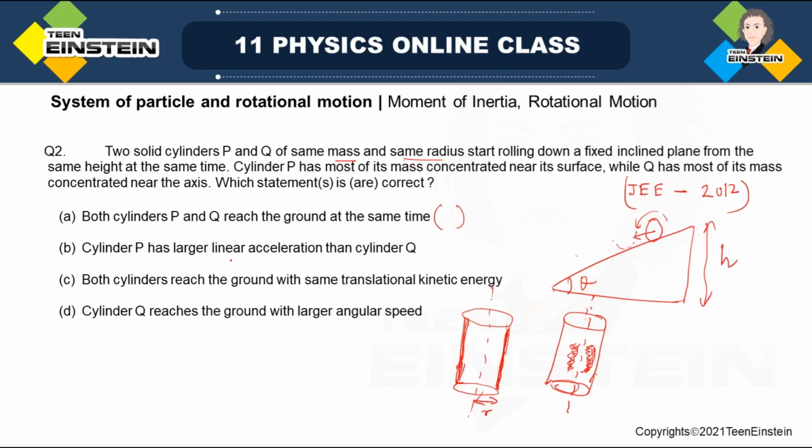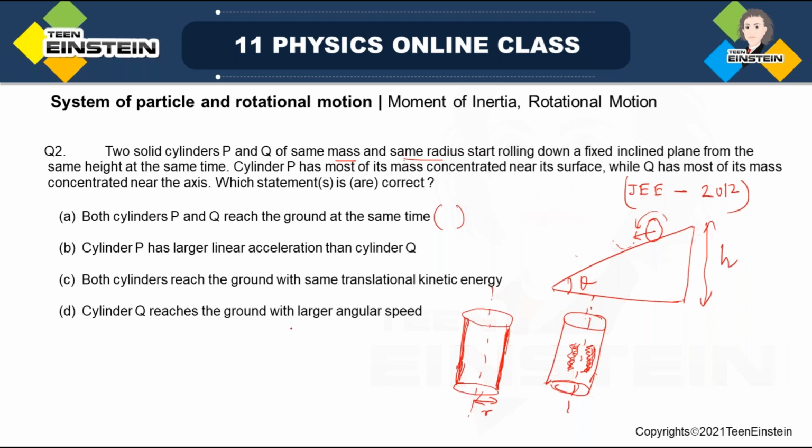Then, cylinder P has larger linear acceleration than Q. Then, both cylinders reach the ground with the same translational kinetic energy. Then option D says cylinder Q reaches the ground with larger angular speed.